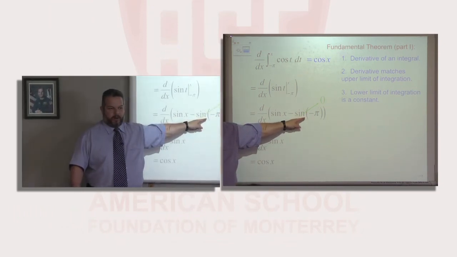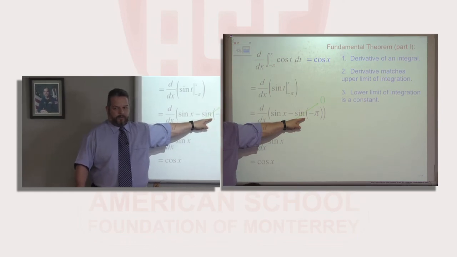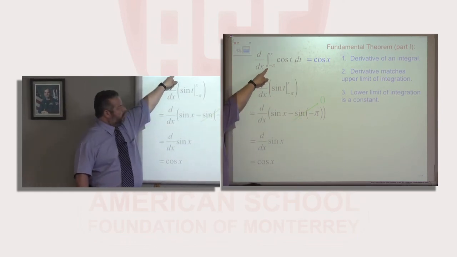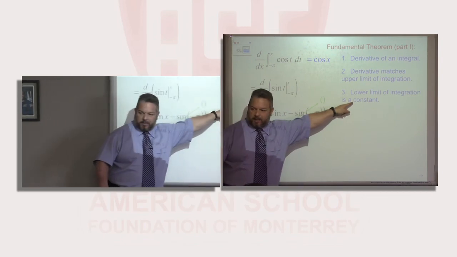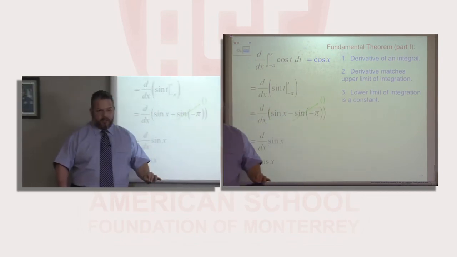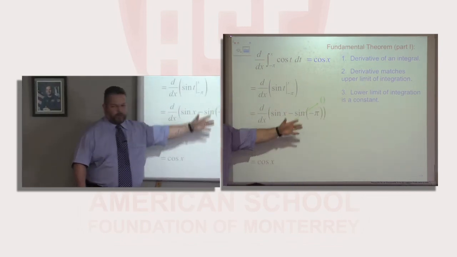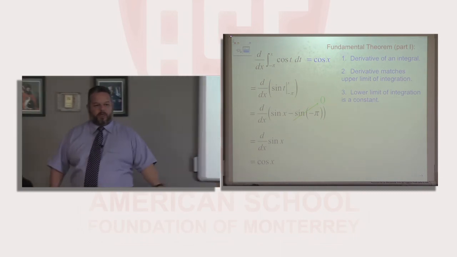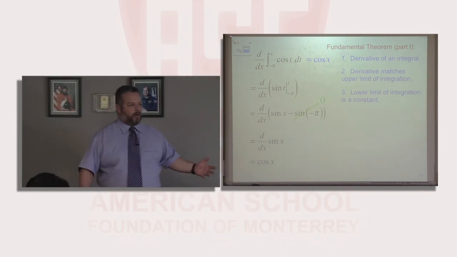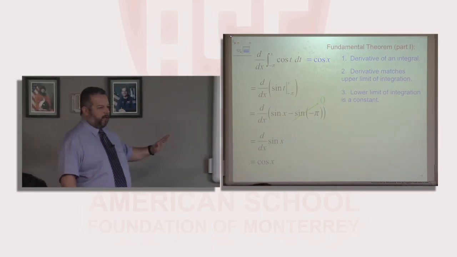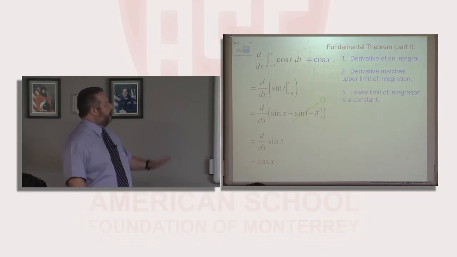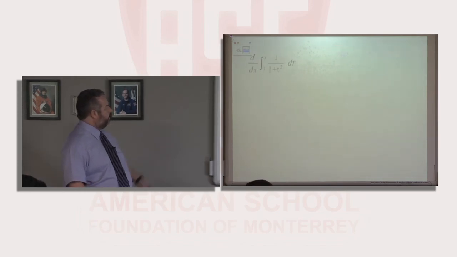Sure, as long as what? As long as the lower limit is a constant, and the lower limit has to be a constant. Yes? So the fact that this was a 0 was sort of nice, but it didn't really matter. It's always going to work out that way. Everybody good?